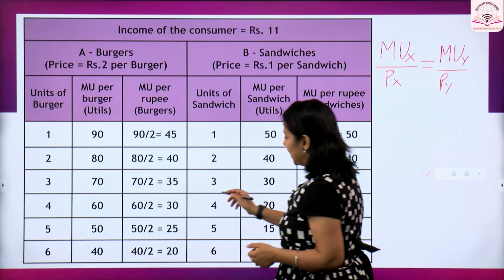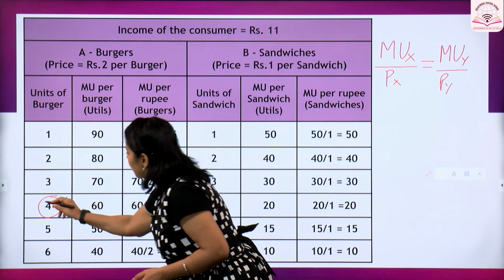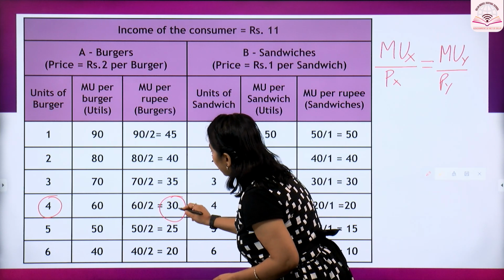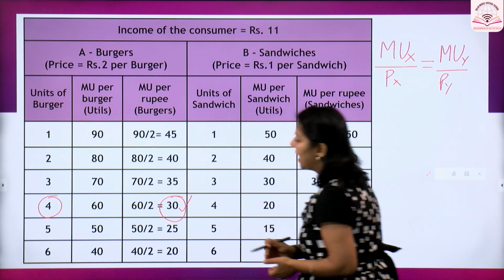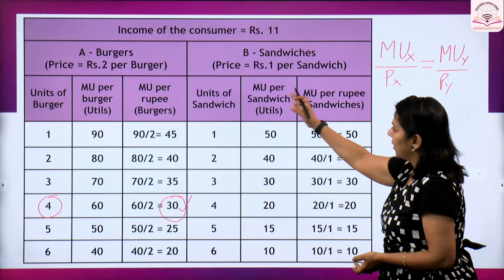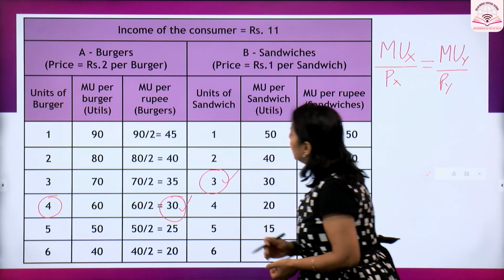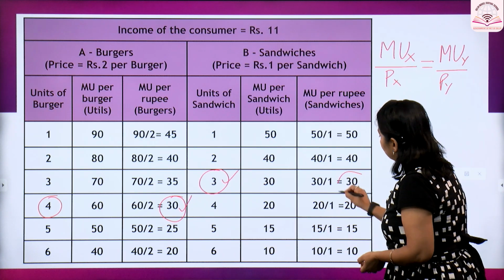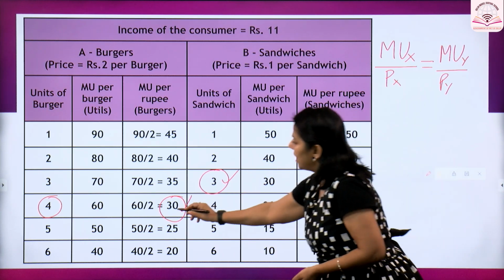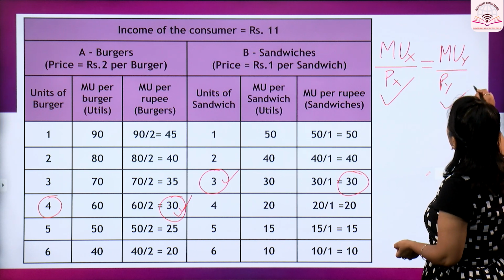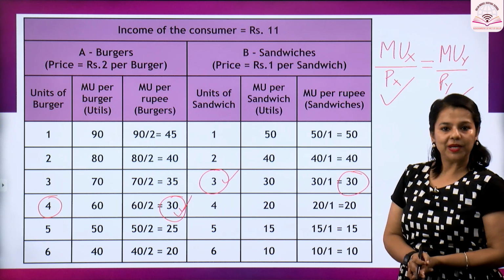So, at this point, at 4 units of burger, we have marginal utility of money per rupee as 30, and if I look at sandwich, it is at 3 units of sandwich. 30 is the same for MUX upon PX and MUY divided by PY.